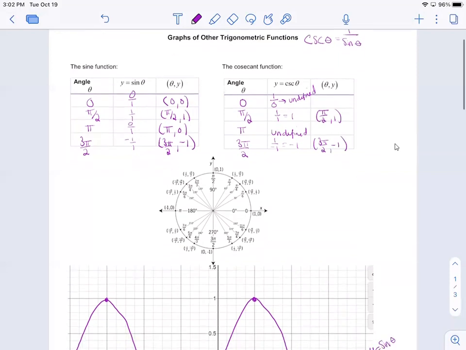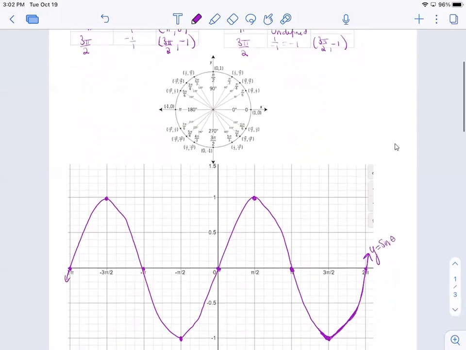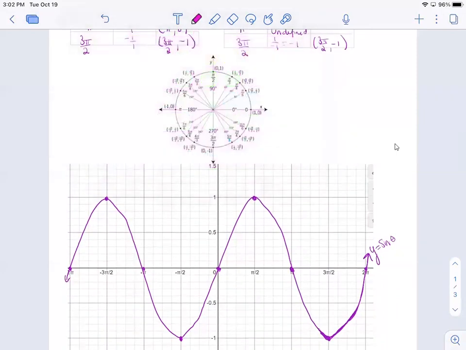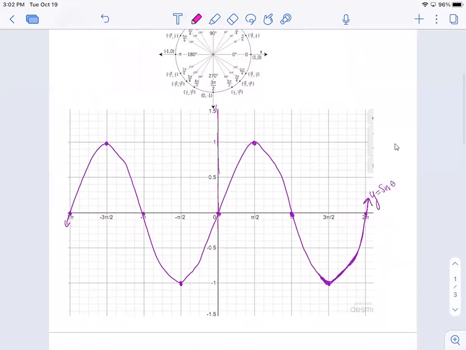When we have undefined, on our graph, and I'm going to choose a different color for our cosecant, it becomes an asymptote. We have to let the reader know it cannot be this value for our cosecant graph. So everywhere I'm hitting the x-axis where my output is 0, I'm going to have an asymptote.